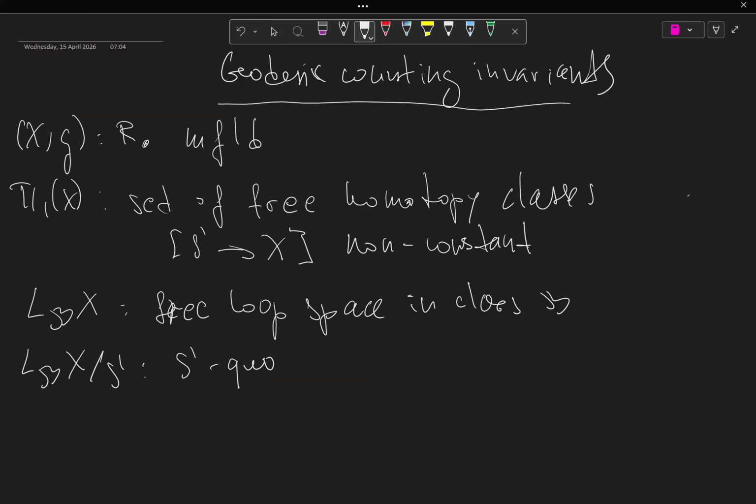This is just the naive S1 quotient, where S1 is acting by reparameterization.